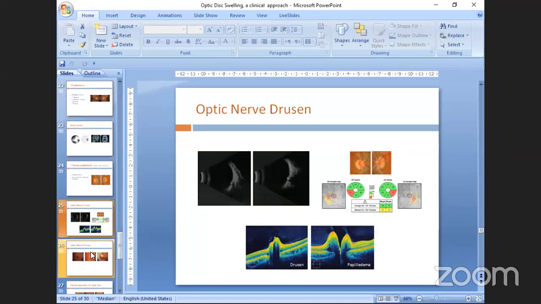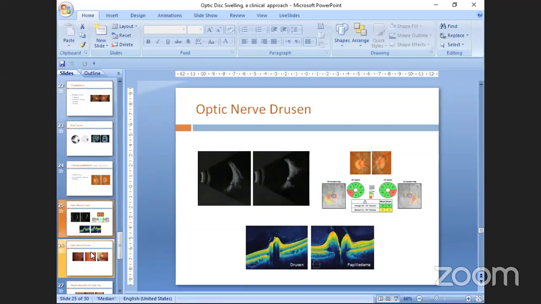Okay, this is a question or comment. So I don't understand your question. This is the patient with swollen disc and then optic atrophy.